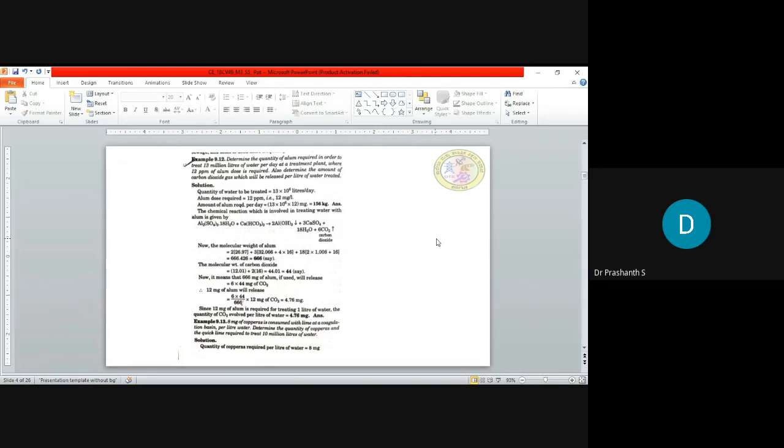Determine the quantity of alum required in order to treat 13 million liters of water per day at a treatment plant where 12 ppm of alum dose is required. Also determine the amount of carbon dioxide gas which will be released per liter of water treated. So this is the question.